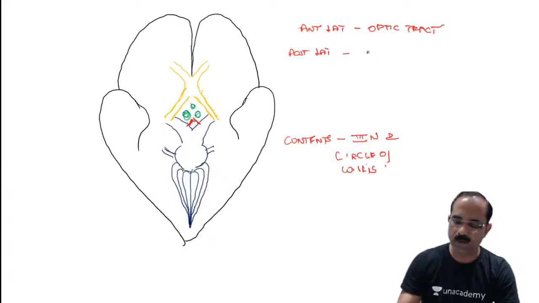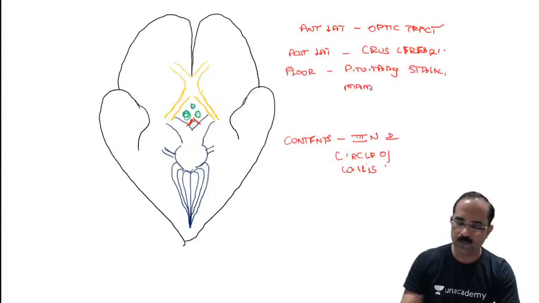Posterolateral is the crus cerebri. The floor is formed by pituitary stalk, mammillary body, and the posterior perforated substance.